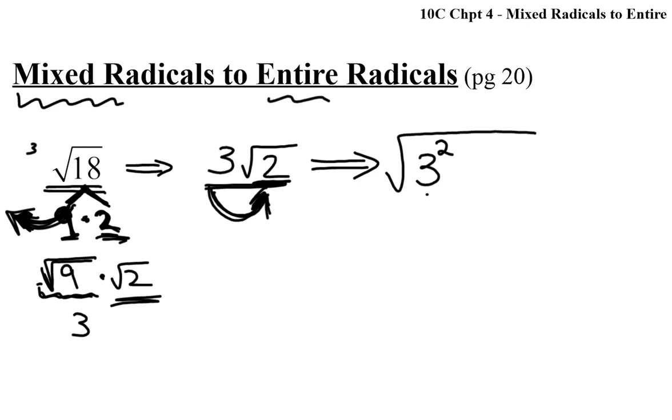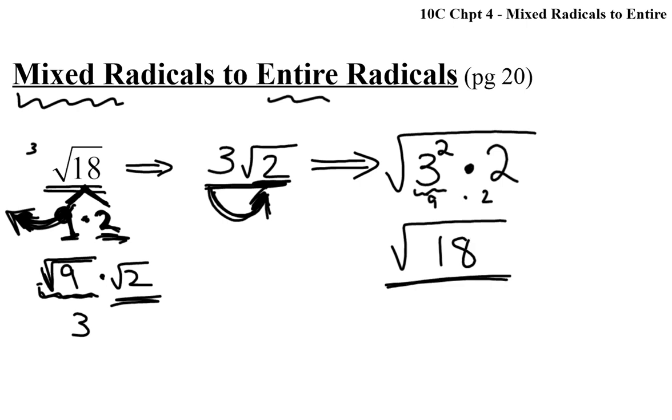So if I want to put the 3 back, I do the opposite, and I'm simply going to square it. But because we still have the radicand underneath, we need to multiply by the radicand that's there. So 3 squared is 9 times the 2. There's our entire radical, root 18. We square root to take it out, so we square it to put it back.